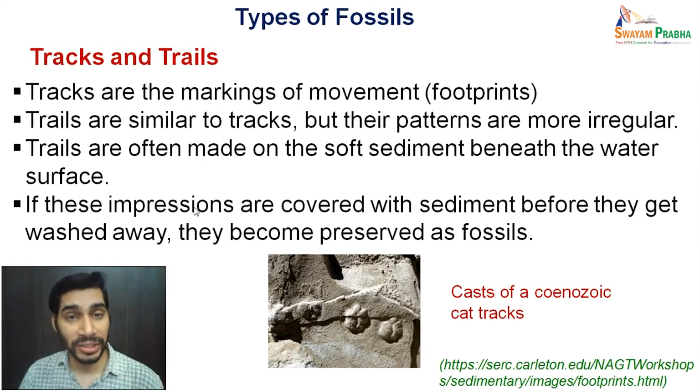If these impressions are covered with sediment well before they get washed away, so that means if these footprints or markings are not washed away and they are covered with sediments, they get preserved as fossils. Here you can see a picture of a track of a cat which belonged to the Cenozoic era that has been casted here and shown here. So these tracks and trails also provide indirect information about the movement of the organisms.